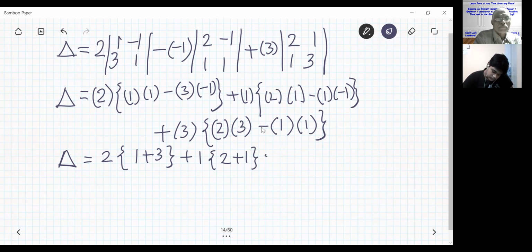Delta is equal to 2 into 1 minus minus 1.